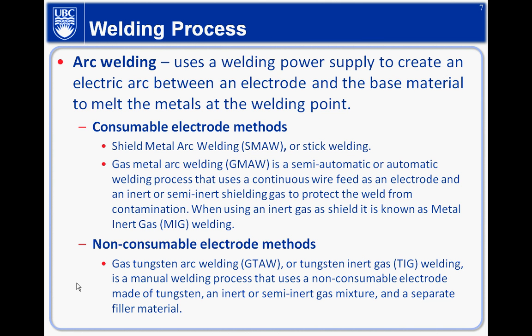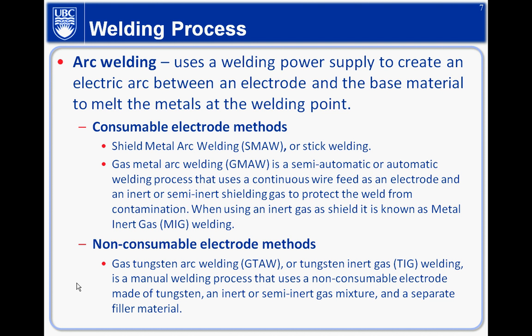The welding process. This is generally a very common topic if you go to college and are learning, particularly if you're trying to pass an exam for a welding certificate. They're all called arc welding, right?